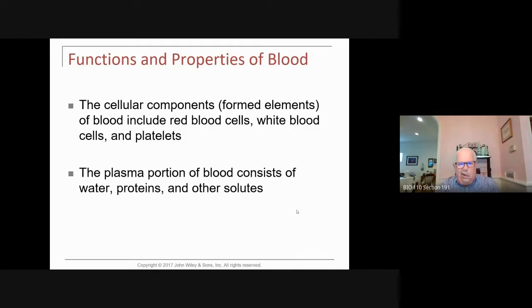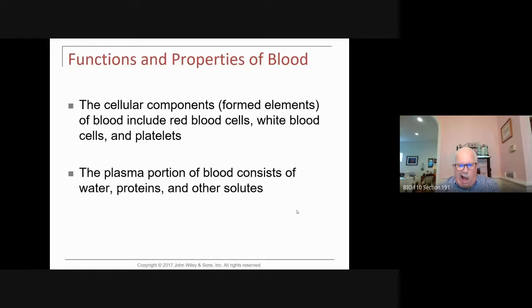The cellular components of your blood, which are known as the formed elements, include the red blood cells, the white blood cells, and platelets. I want to show you that there's a caveat here. Red blood cells are cells. White blood cells are cells.